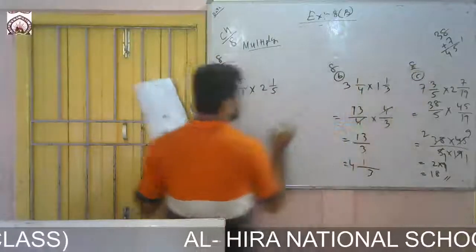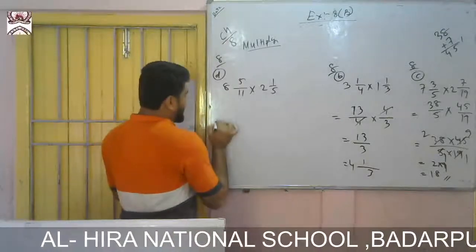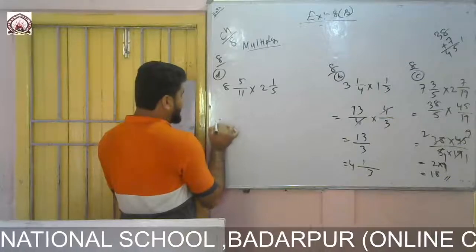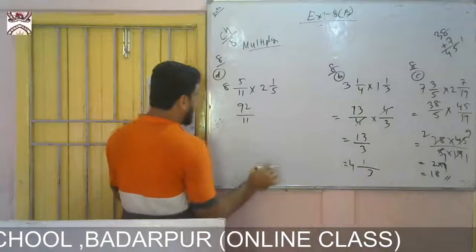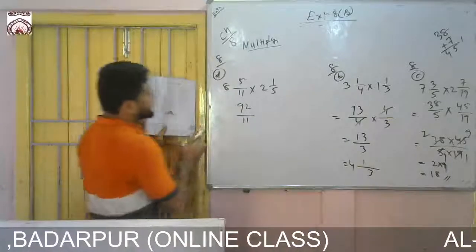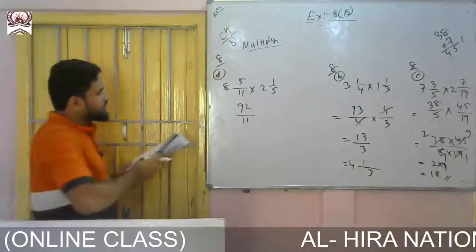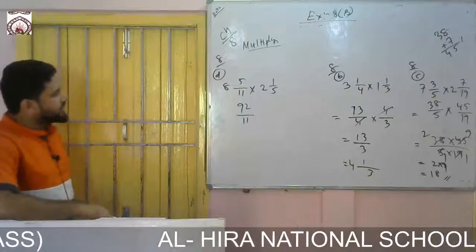These all are 8. Okay. So 8 11 are 88, 89, 90, 91, 92. 92 by 11. Okay. So what? 11 8 are 88.